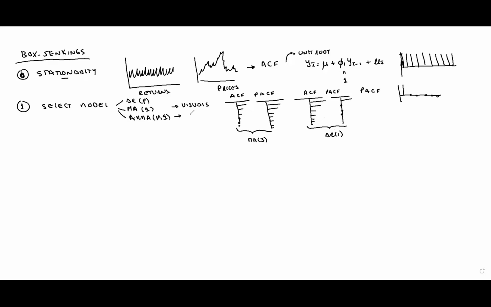We're going to rely basically on information criteria. What we're always going to try to do is minimize the information criteria. Here we're going to deal with a bunch of them. We're going to have the Akaike information criterion. We're going to have the Bayesian information criterion, that is also called the Schwarz.